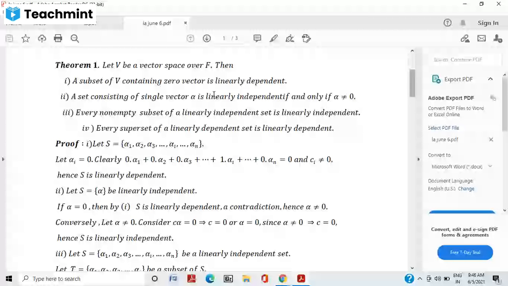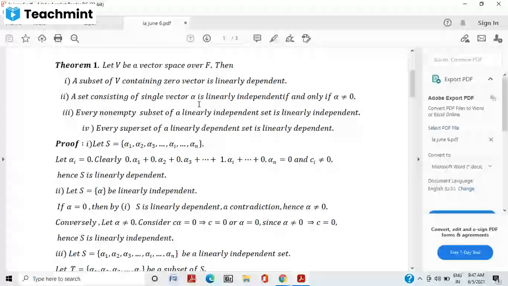First, what is the theorem statement? V is a vector space. Then we should prove these conditions. First condition: a subset of V containing the 0 vector is linearly dependent. If it contains the zero vector, that means the set {0}, then it is linearly dependent. Next is a set consisting of a single vector alpha.